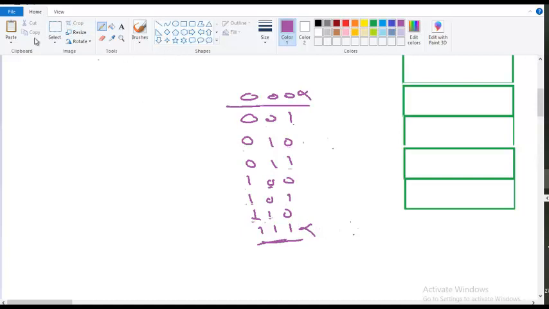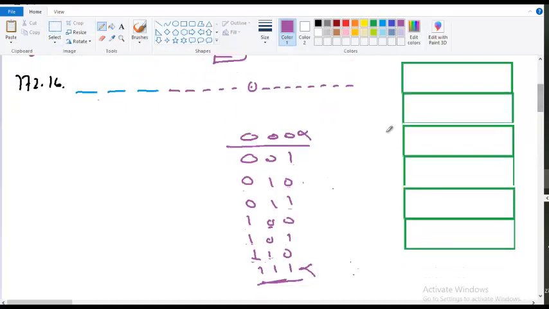Okay. Now, what is that you are trying to do with this? When you apply this one here, what we get is, in this place, it is 2 to the power of 5. How?